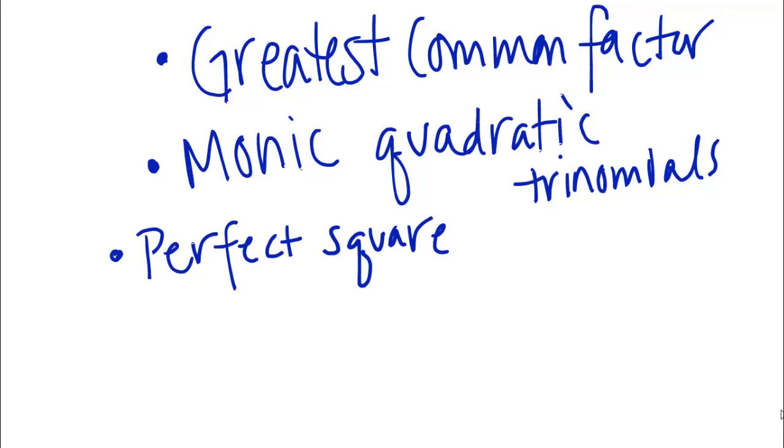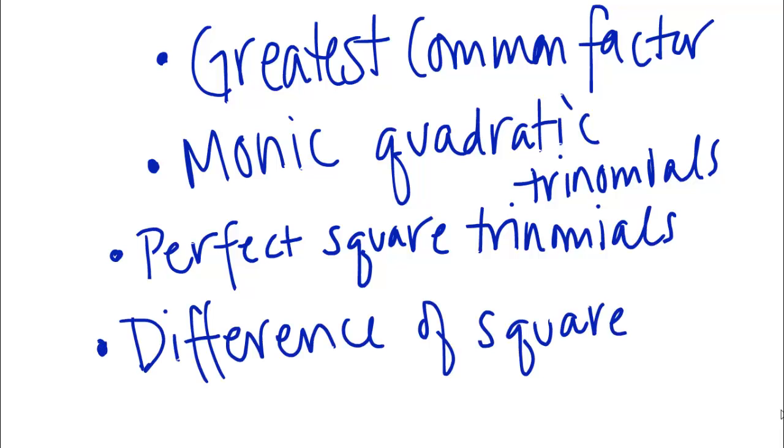Actually, we stuck with monic perfect square trinomials as well. And we talked about how to factor difference of squares. So these are just some things to look for when you're factoring, because we have really nice methods for each of these types. Are these the only things you'll be asked to factor? No. So stay tuned for more videos about more complicated expressions that you will be asked to factor. Good luck!